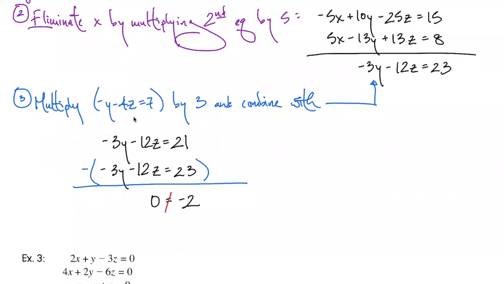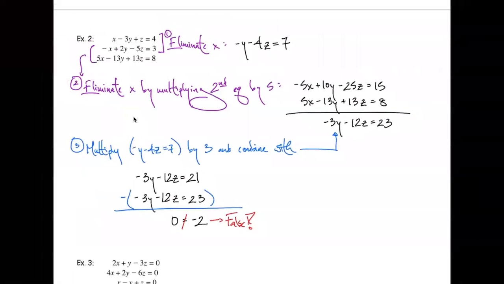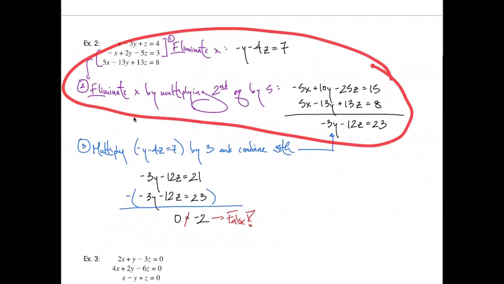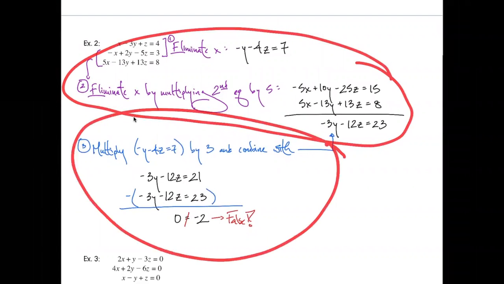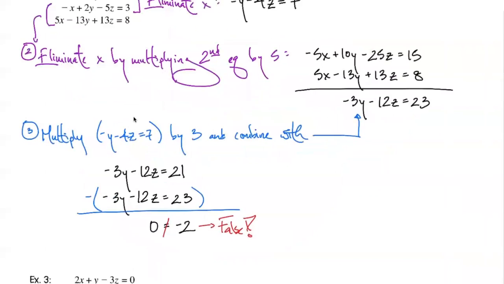Yeah, that's 100% false, right? Okay. So here's what this means. If you work through a question, you're doing all your things, you checked all your signs, and you get to the end and you get a false statement. Here's what this means. Okay.